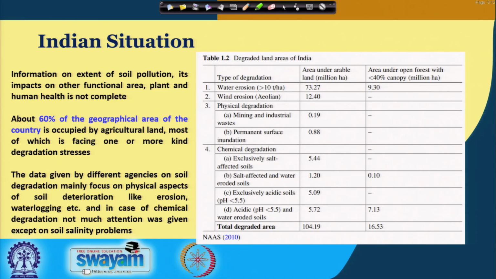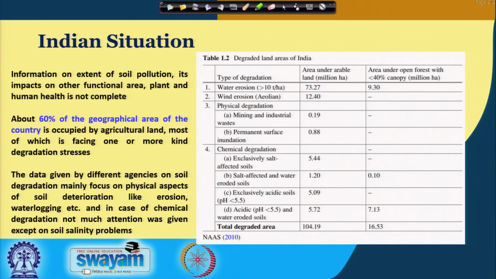As far as India is concerned, you know that 60% of our geographical area is occupied by agricultural lands, most of which are facing some forms of degradation.